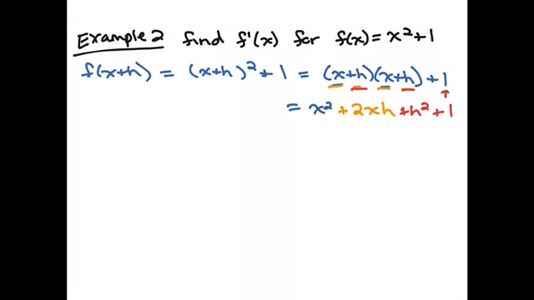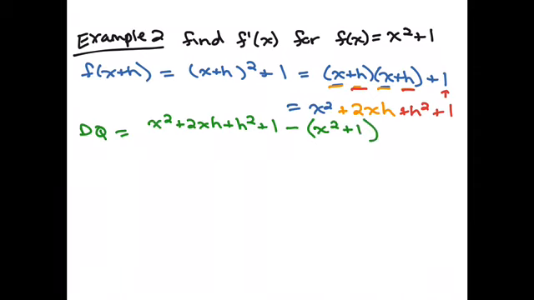Okay, so then let's find our difference quotient, which is the formula for the derivative before we take the limit. So I've got this x squared plus 2xh plus h squared plus 1, and we're going to subtract the original function and put it all over h.